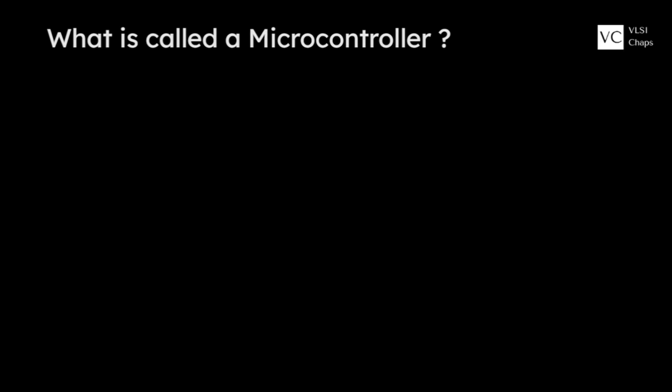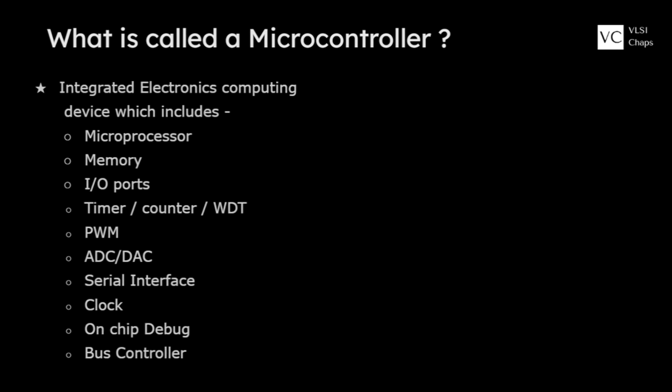Now in case of a controller, all three units, the processor, memory units and the input-output ports, will be embedded on a single chip. So a microcontroller is an integrated electronics computing device which includes not just the processor but much more elements within that.